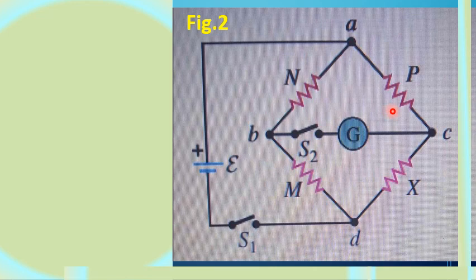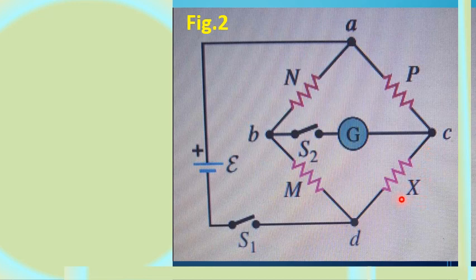It is used to calculate the unknown resistance, labeled here as resistance X, by balancing two legs of the bridge circuit. One leg includes the component of unknown resistance, which we said is labeled here as X.